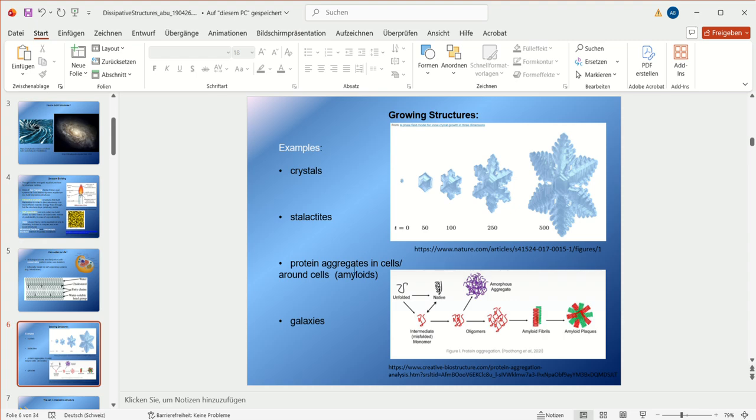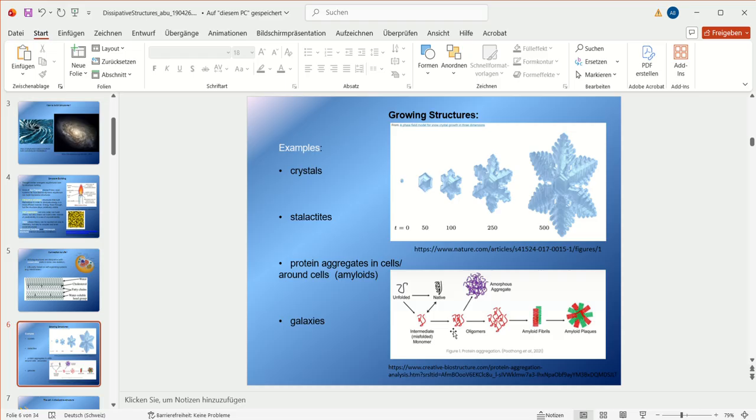Then, for example, there are aggregating proteins in cells or around cells, and one example for these are amyloids, which we don't really like, but they're very interesting because you can have them folded in different ways, and if you fold them in an aggregating way, the aggregated protein is a template for the other proteins, and then these aggregates grow and grow and grow.